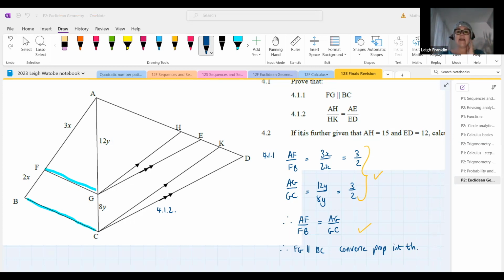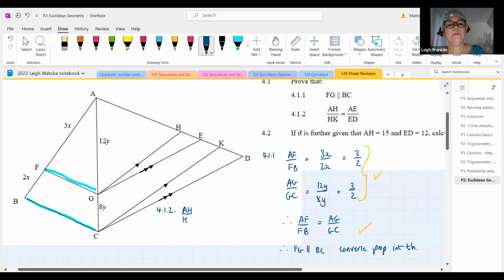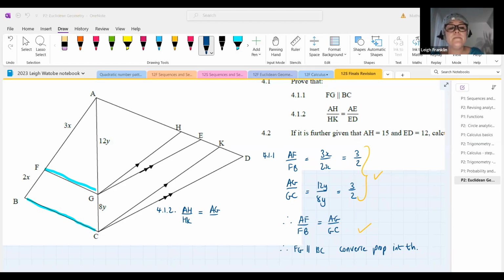What is AH over HK equal to? What does AH over HK equal? Good. AG over GC. Good, well done. Reason?